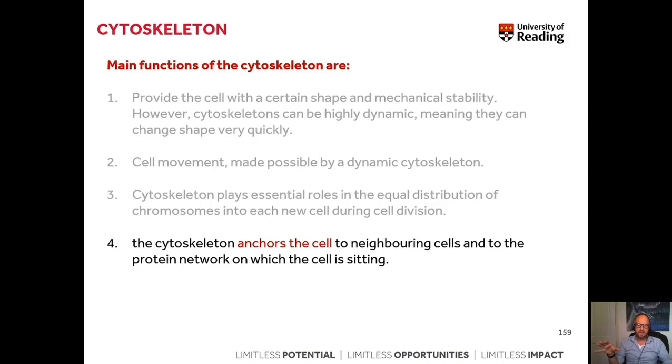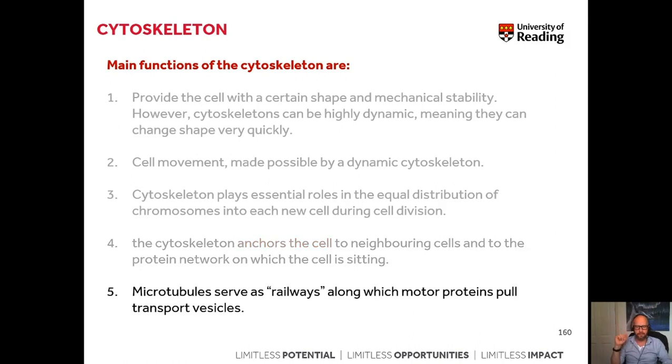Moreover, the cytoskeleton also keeps the cells in place because it anchors the cells to neighboring cells and to the protein network on which the cell is sitting. It attaches the cell to the extracellular matrix. And the last contribution of the microtubules of the cytoskeleton to the function of the cell is basically that they serve as railways along which motor proteins pull transport vesicles.